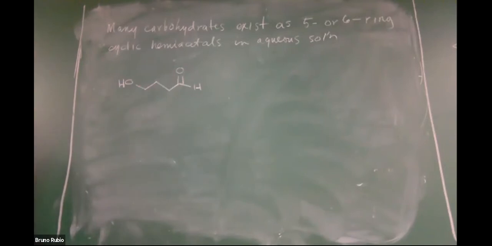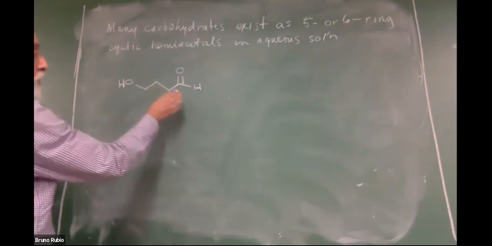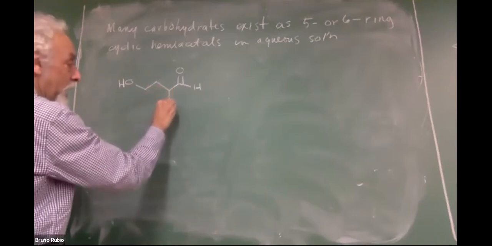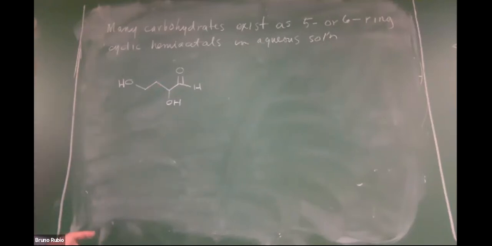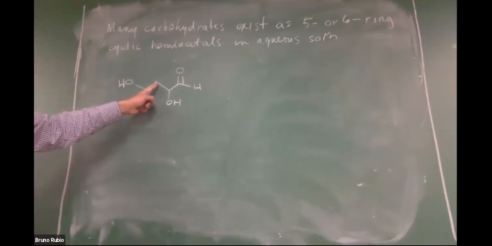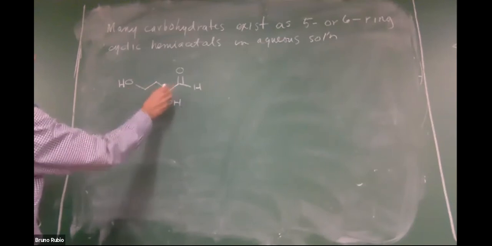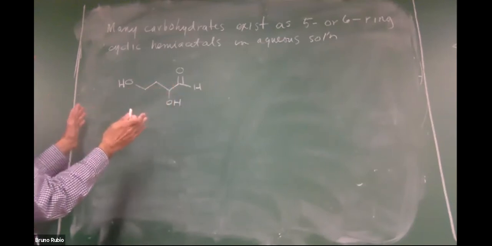Is that a carbohydrate? No, because it's not polyhydroxy. So now I'm going to put, maybe I can put an OH group there. And just to make things fun, I'm going to make this a deoxy sugar, right? So that's a carbohydrate.